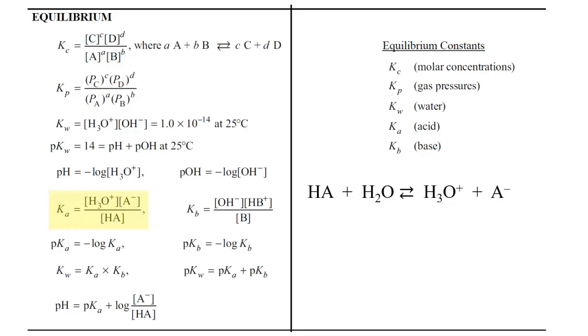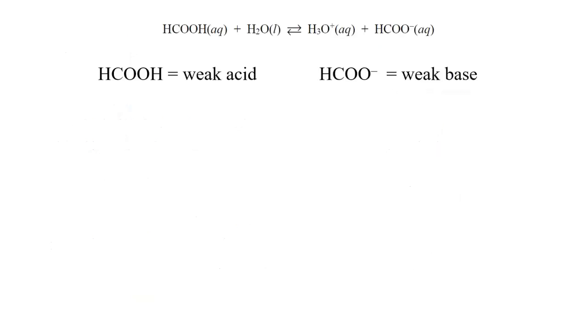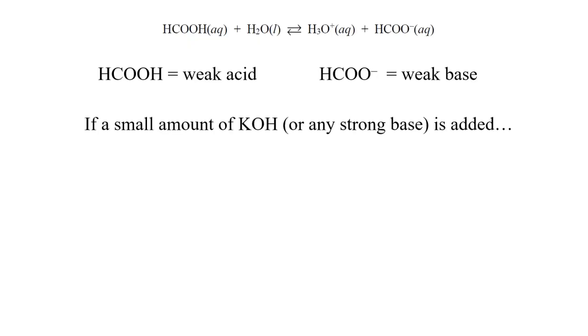If it reacts with water as a proton donor, it forms the hydronium ion H3O+, along with its conjugate base, A-. So HA is the generic formula for a weak acid molecule, and then A- is the generic formula for a weak base ion, the conjugate base. So here's our buffer system. We have the weak acid, methanoic acid, and then we have the weak base, the conjugate base, the methanoate ion.